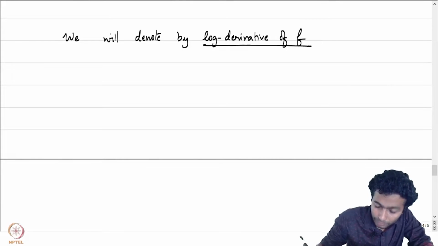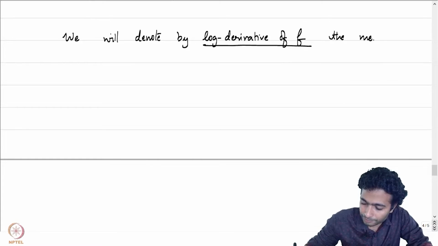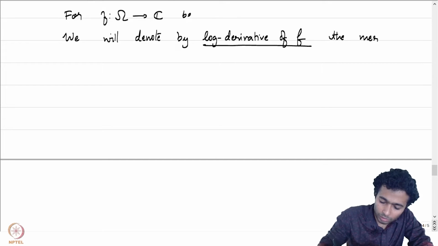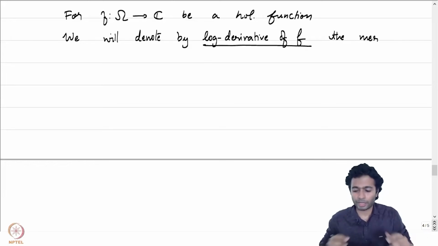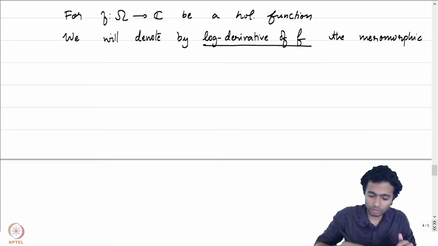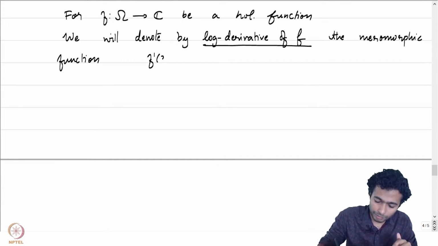This is the formal definition that we are defining, the meromorphic function. So, this is for f on omega be a holomorphic function, and the log derivative of f on omega is going to be a meromorphic function, which is nothing but f prime of z by f of z.